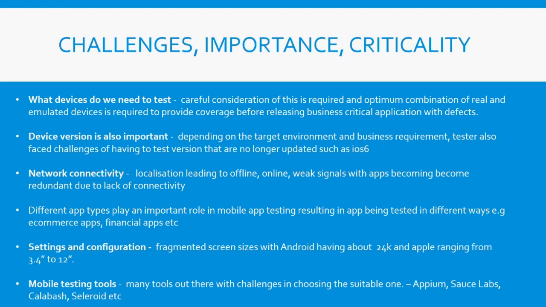So depending on the kind of application being built, you'd have to ensure that you have sufficient test cases that cover the functionalities as well as the non-functional elements of these apps as well.